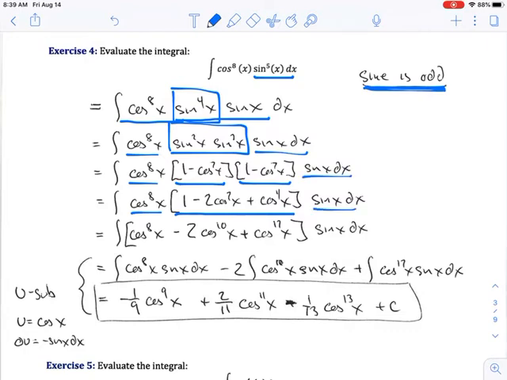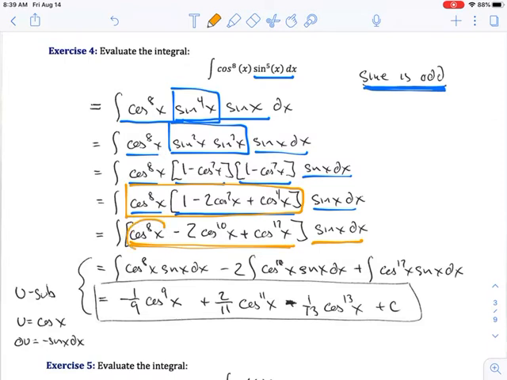And now, multiply these together to get this. And all of that is times sine of x dx. And so now I'm going to multiply each one of these terms in here times sine of x dx, and then put them in their own integral.